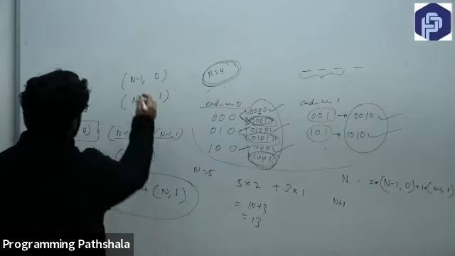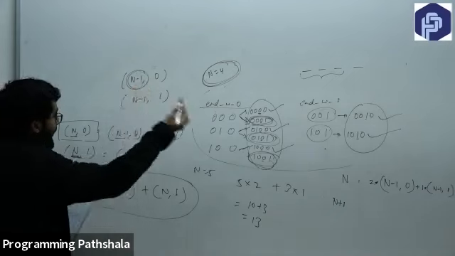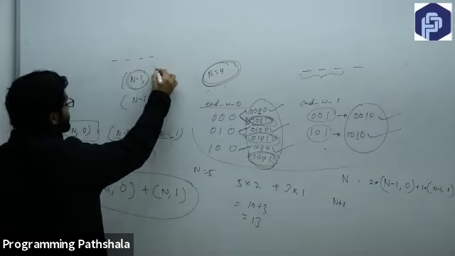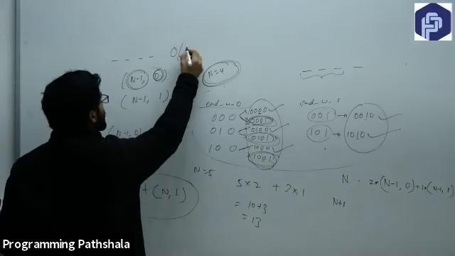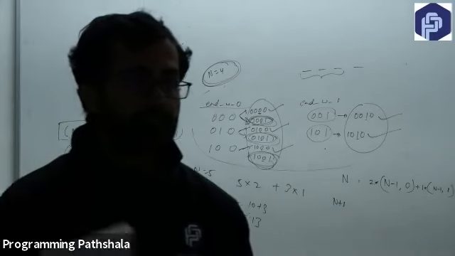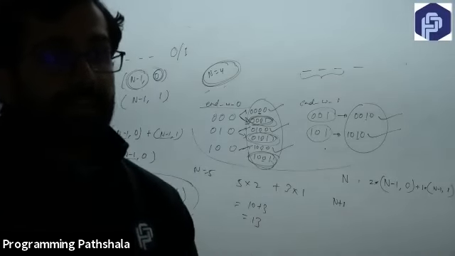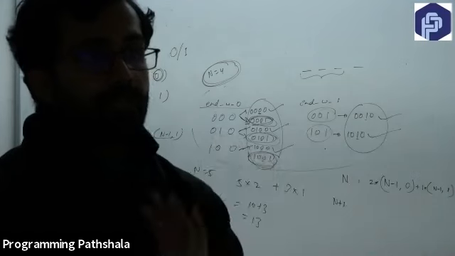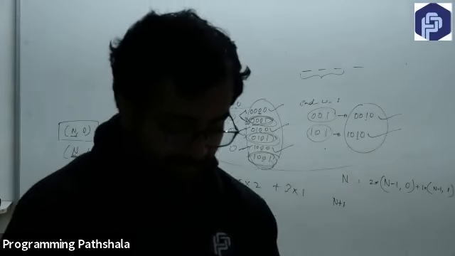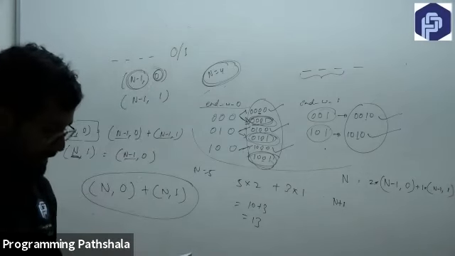First identifier would be the size of the bit string, 4, 5, whatever. And second identifier would either be 0 or be 1. So there are 2 identifiers that I basically need to solve this problem.